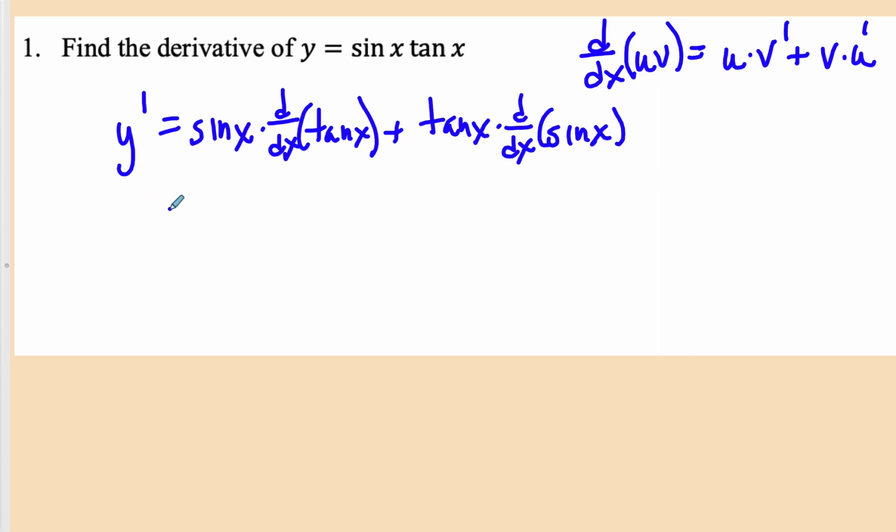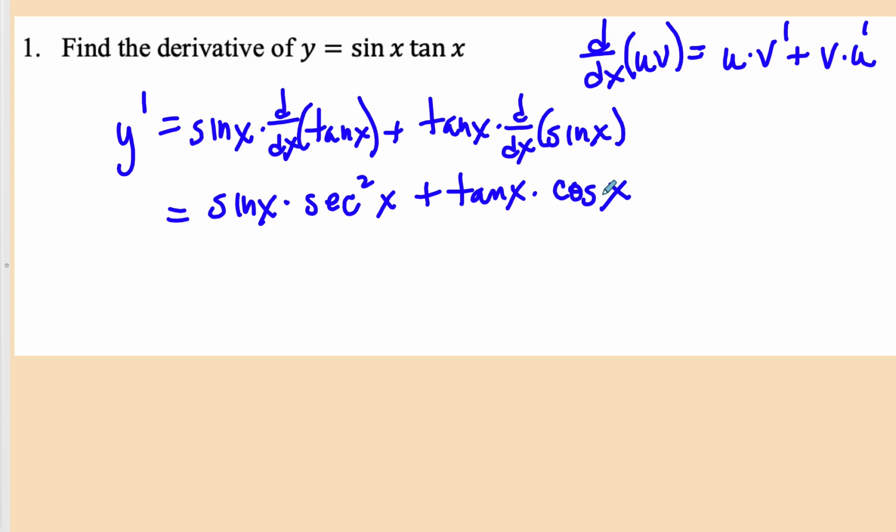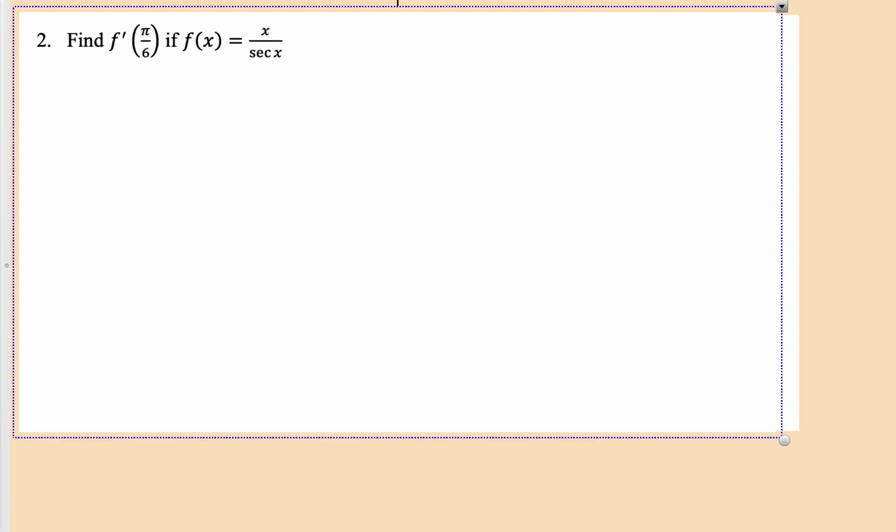Okay, and we continue, and this is going to be sine of x, and this will be secant squared x plus tangent of x, and the derivative of sine is cosine x. And you can just leave it this way. You don't have to do any more. There's your answer.